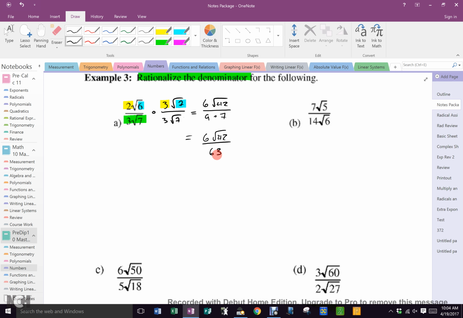Almost. What can I do with numbers and numbers? Do they share a factor? What number goes into 6 and 63?